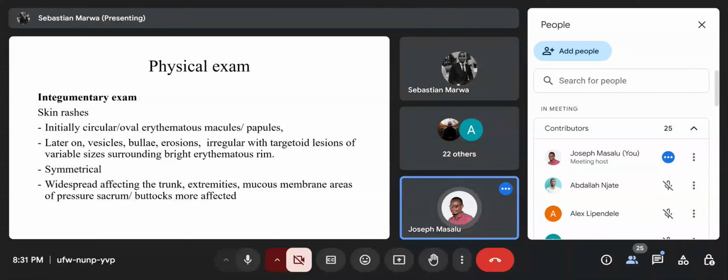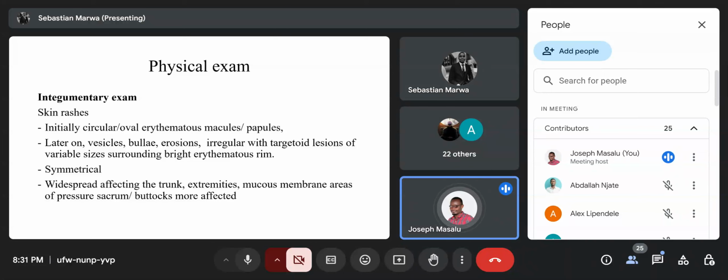Another very important thing is the targetoid. There are two words that dermatologists use: targetoid versus target, and I usually remember them by how they end. Targetoid ends with a D, which I think means double, so it's two layers, while target ends with a T, three layers.